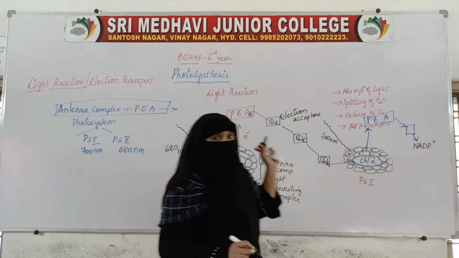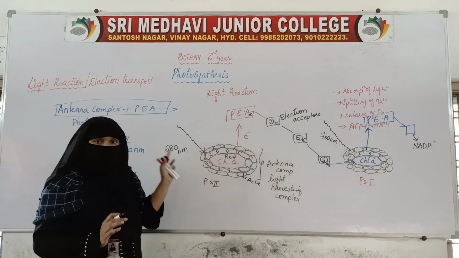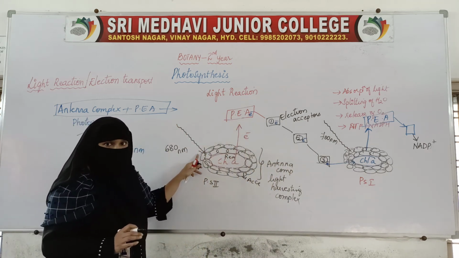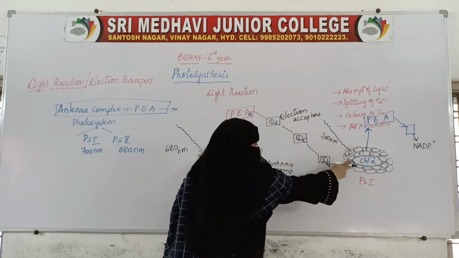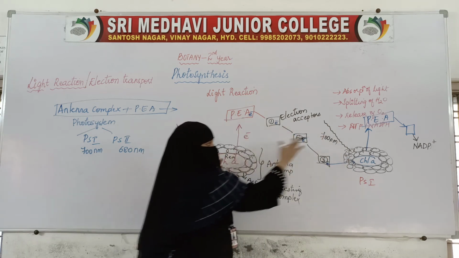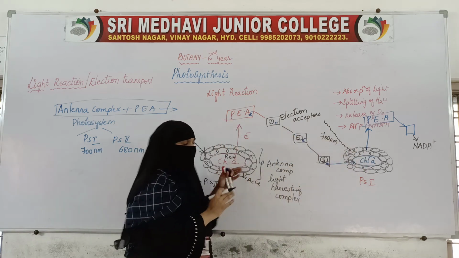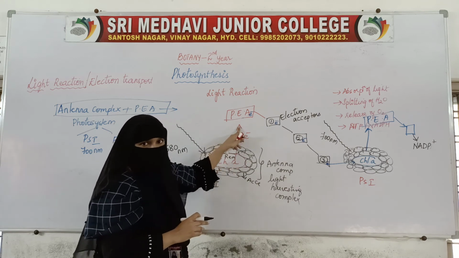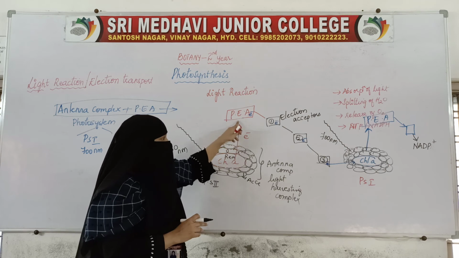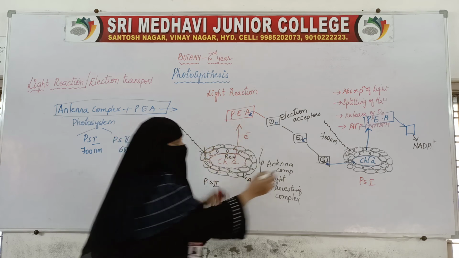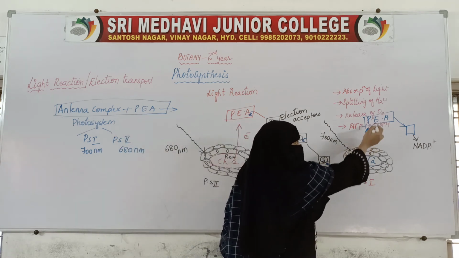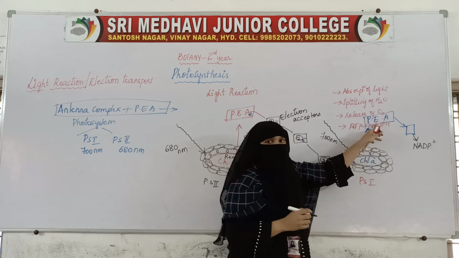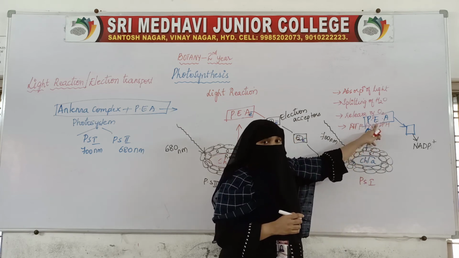So now, light has fallen here, light has fallen here, this has absorbed the sunlight, this also has absorbed the sunlight. After absorbing the sunlight, this chlorophyll A ejected one electron which is accepted by primary electron acceptor. This also ejected one electron which has been accepted by its primary electron acceptor.